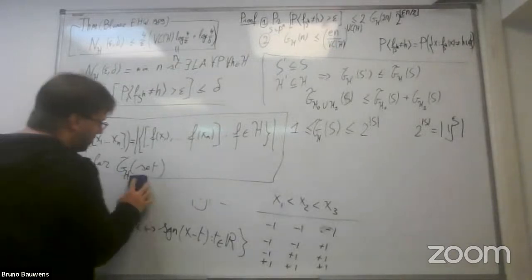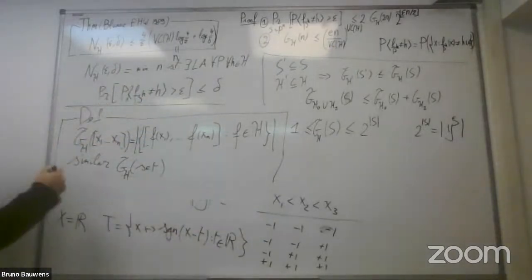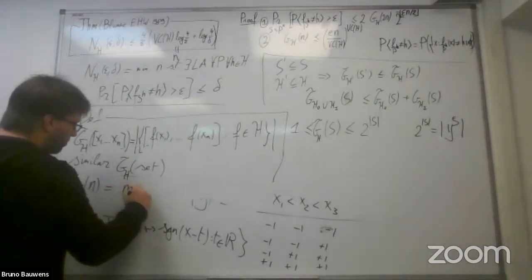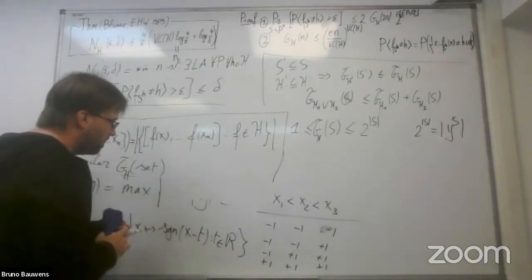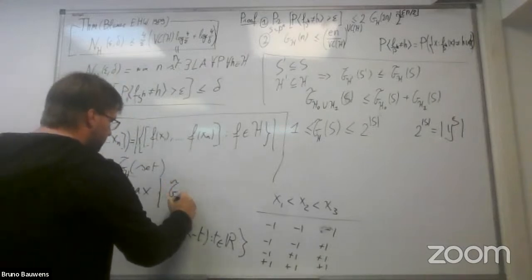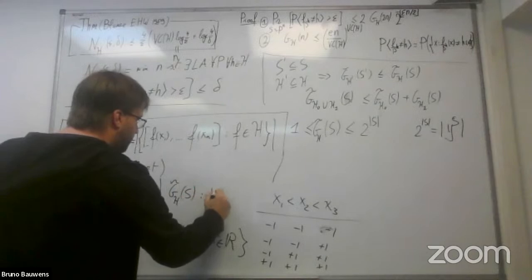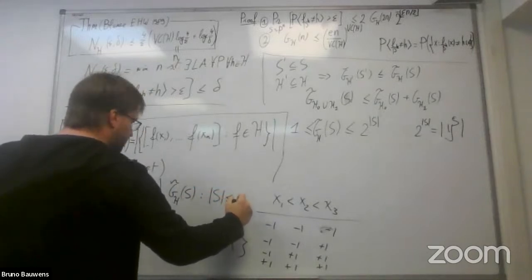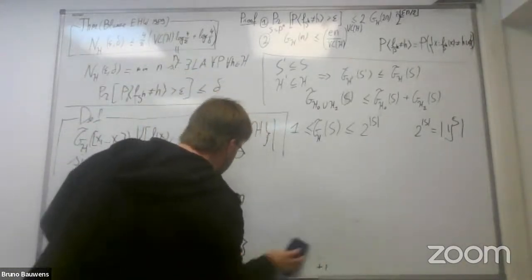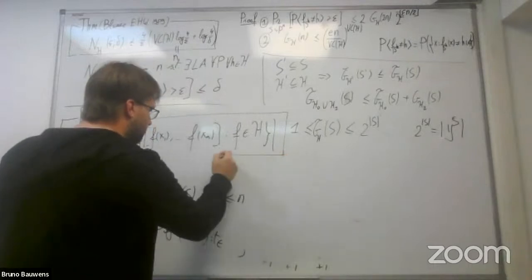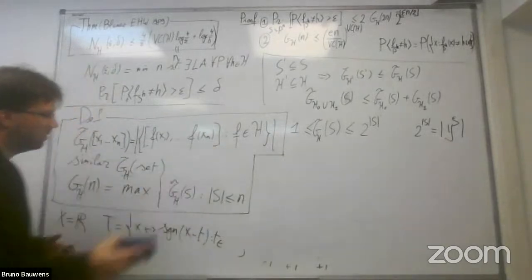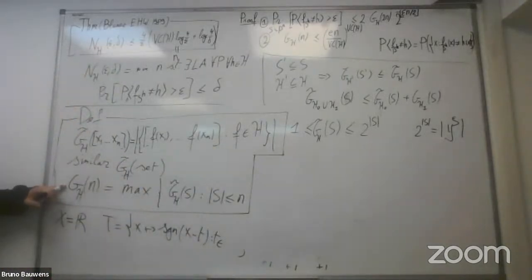Growth function for numbers: g of n of H is equal to the maximum of the set growth function over all sets of size at most n. So here is the definition.